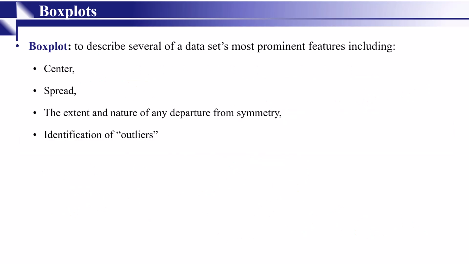Next, we go for box plots. Box plots are used for describing several of a data set's most prominent features, including the center of our data set, the spread of the data set, the extent and nature of any departure from symmetry, and also the identification of outliers. In one example, you already saw what an outlier is: observations that lie unusually far from the main body of the data, either too small or too big.